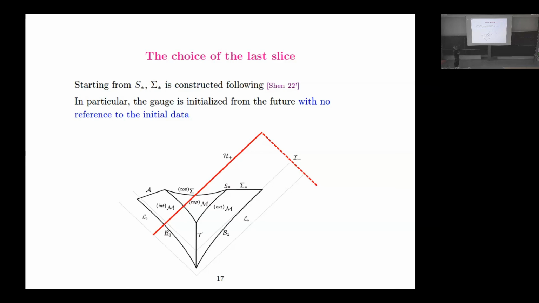But you have an additional difficulty now: the gauge in which you measure your decay is defined from infinity, or from the future if you want, while the gauge in which you know you are close to Kerr is defined at initial data. There is an obvious question: why should these gauges be related? So you really have to bring some information back from this sphere S star, in fact the L=1 modes, and then you have to have some rigidity properties of the GCM spheres to be able to conclude.